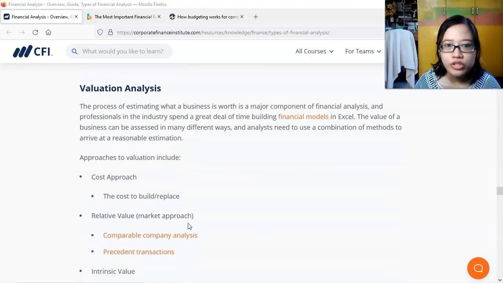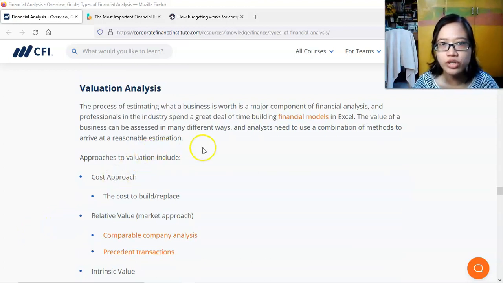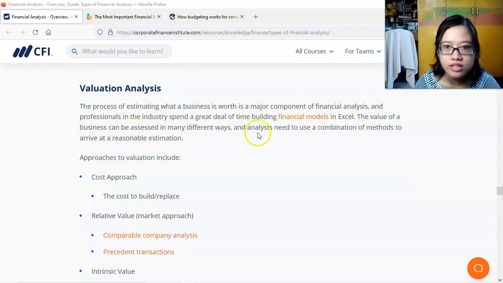Next, we have valuation analysis. Okay, so dito sa valuation, you estimate what a business is worth, and then, the value of a business can be assessed in many different ways, and analysts need to use a combination of methods to arrive at a reasonable estimation. So there is a valuation. Sometimes yung market price nga ng companies, hindi siya yung proper valuation nila because a lot of factors affect it.